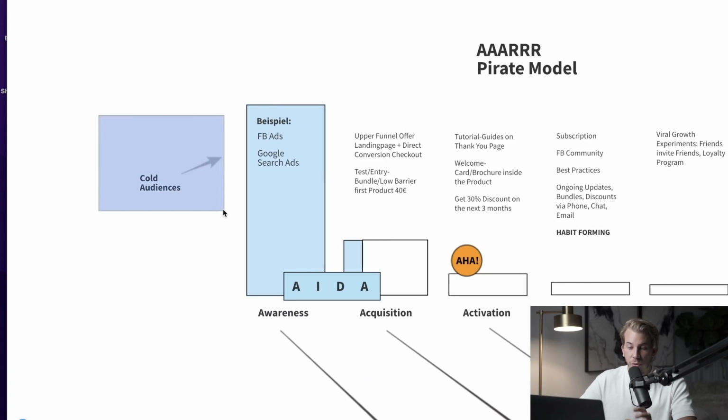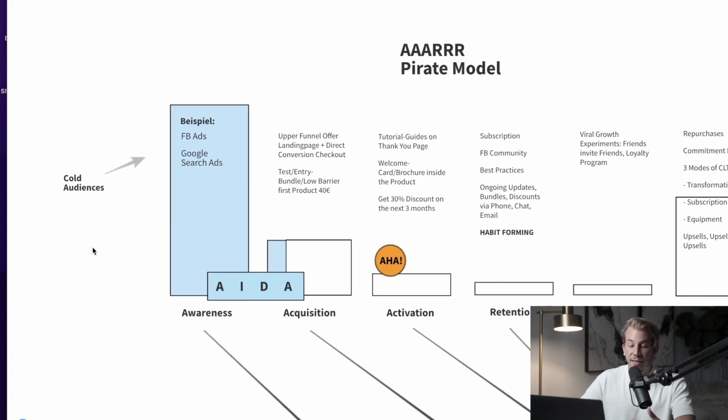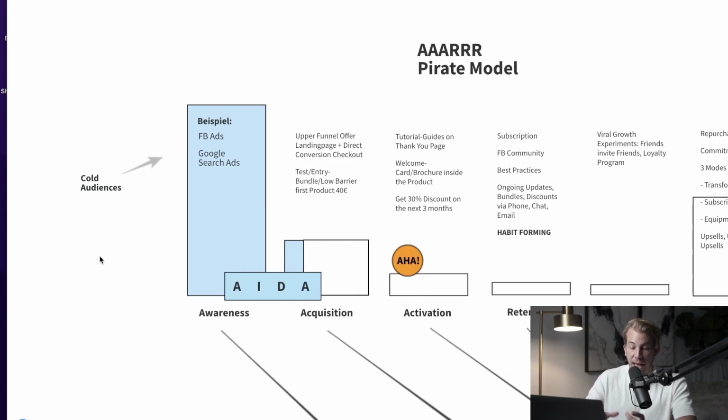You can see cold audiences go in on the very left, and then you have some ads that are only cold, and whenever there have been some touch points, or some potential customers clicked on your pages, watched your videos, then they fall into deeper, more complex retargeting custom audiences.